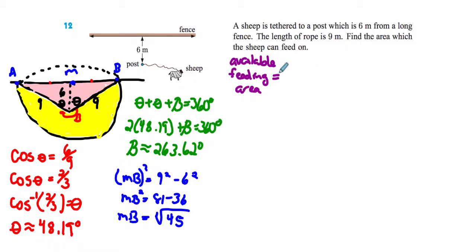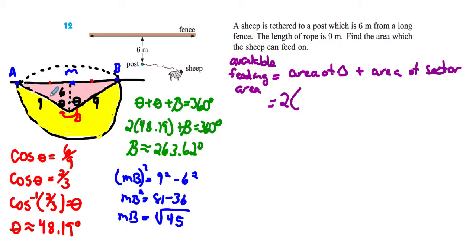I've added some shading to help us figure out the area of the feeding area, which is the area of that big pink triangle plus the area of the yellow arc sector. So area of triangle is 1/2 base times height. But I have 2 of these triangles, so I'm going to do 2 times 1/2 base, which is square root of 45 times height, which is 6, plus area of the sector.